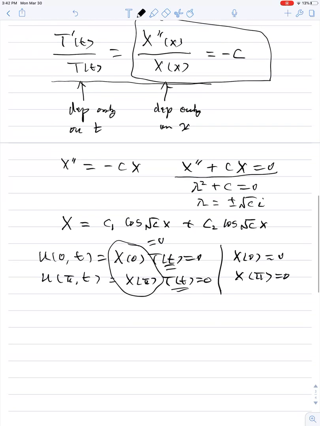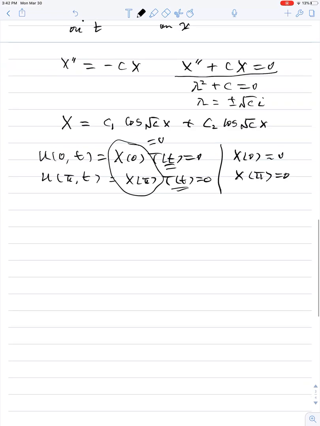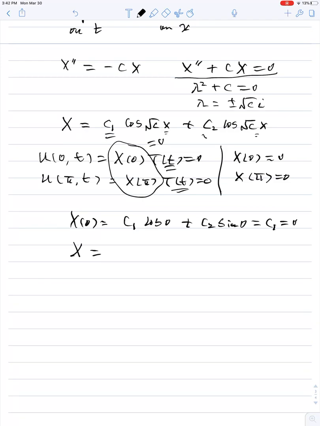Now, if we plug x equals 0 into this expression, we get c1 cosine 0 plus c2 sine 0, which equals c1. This must equal 0, so this constant here is 0, and we have only this term left.